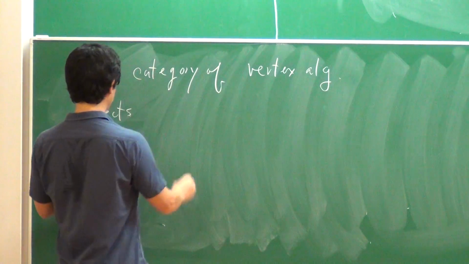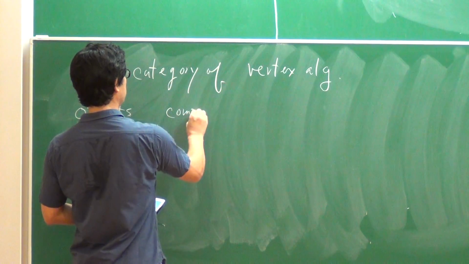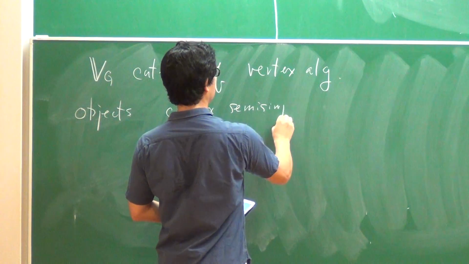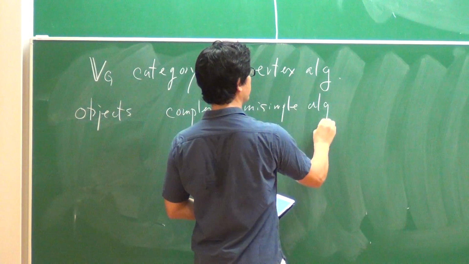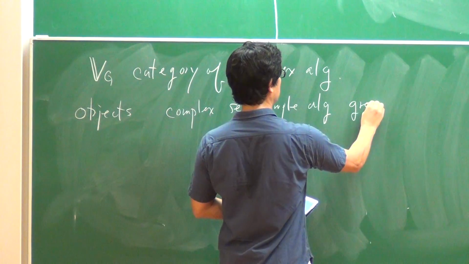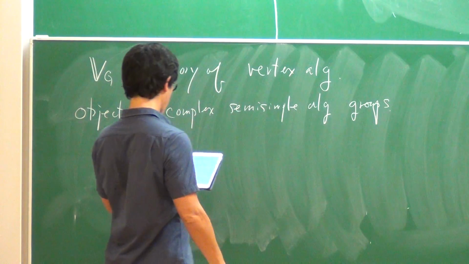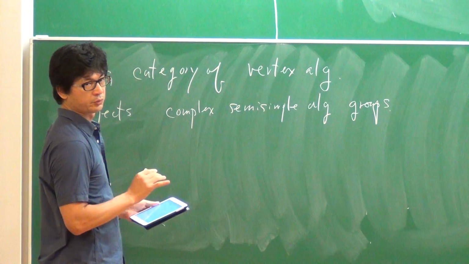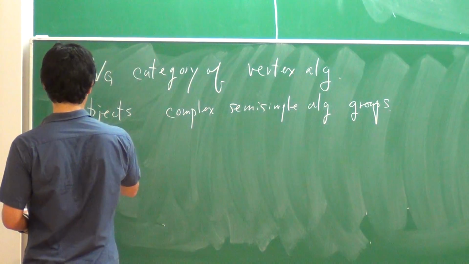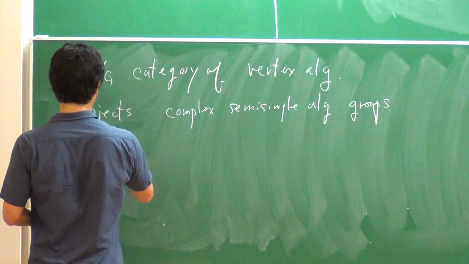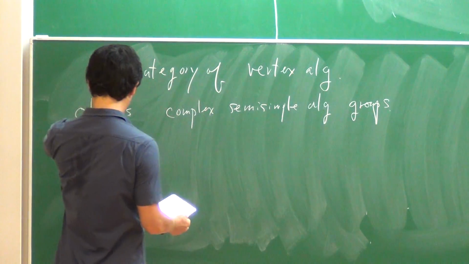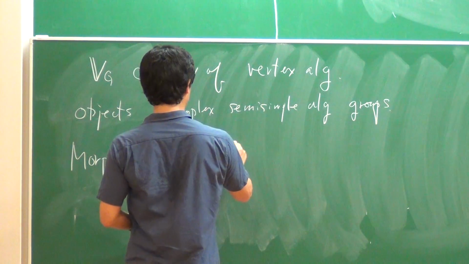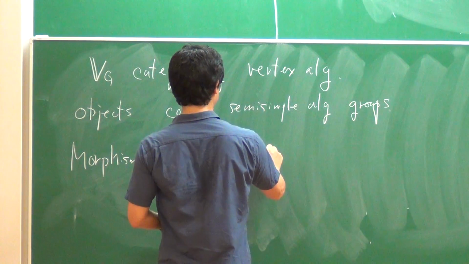So it's a complex simple algebraic group. But the morphisms are given by vertex algebras, satisfying certain conditions. The morphism from G1 to G2.